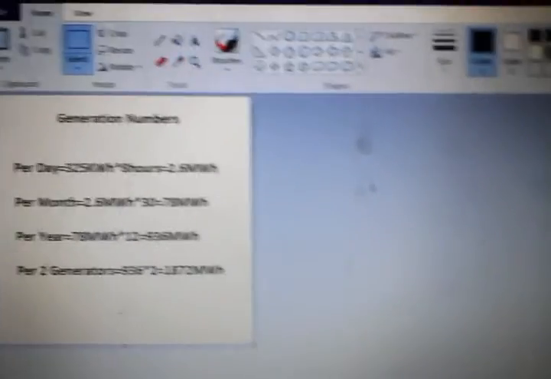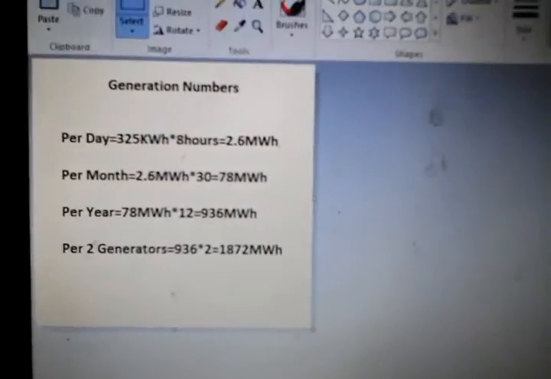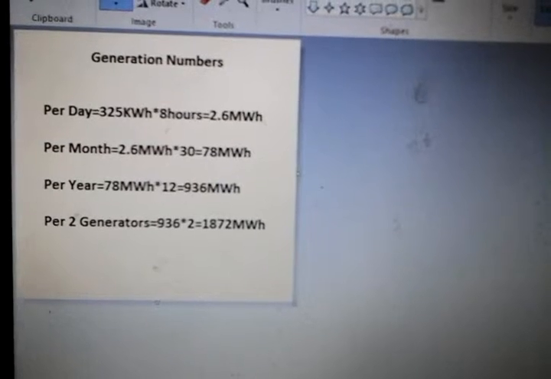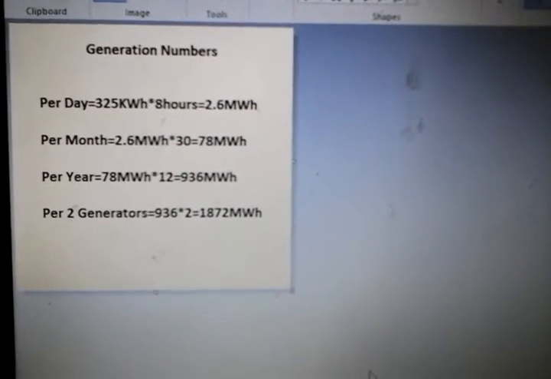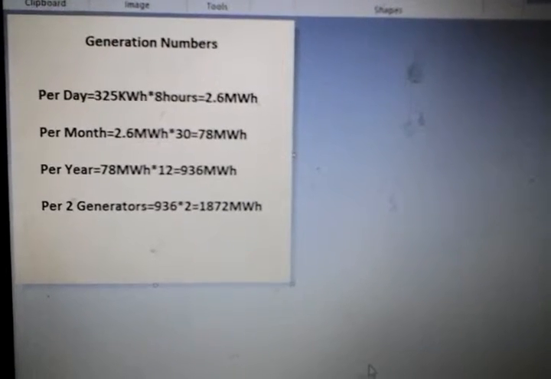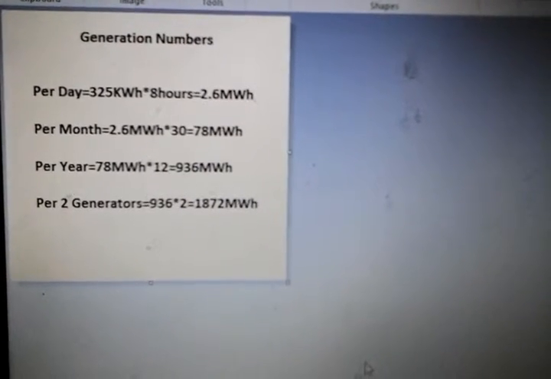And now let's talk about how much energy we generate. Very simple to understand. So as I said, 8 hours of generation, 325 into 8 hours, 2.6 megawatt hours we can produce. Per month 78 megawatt hours, per year 936.